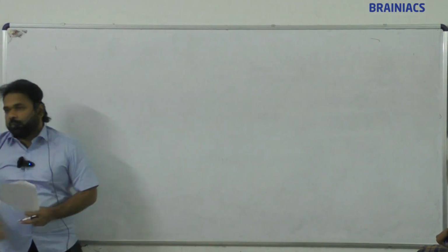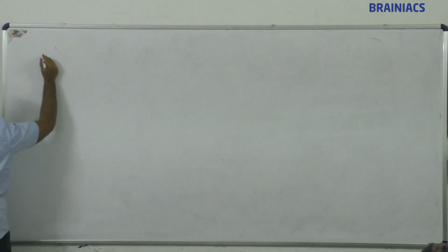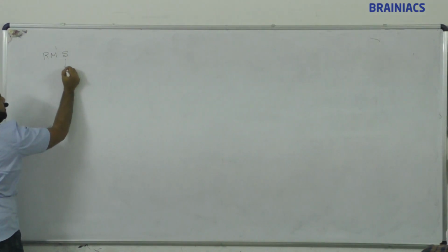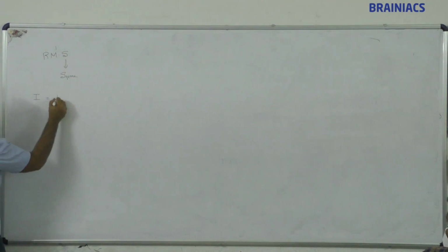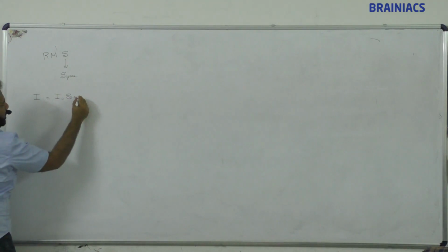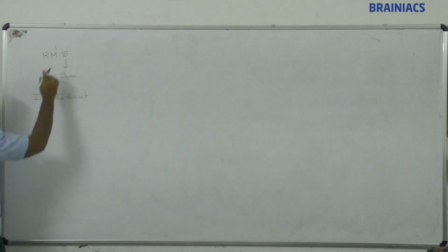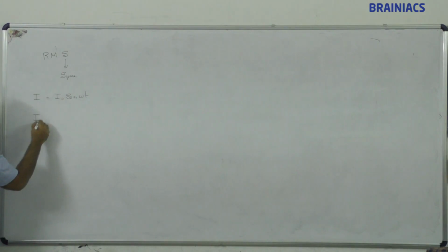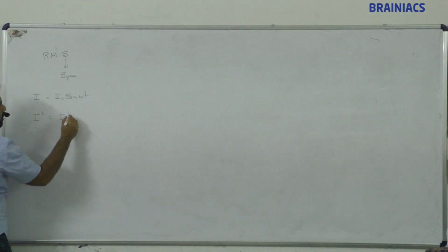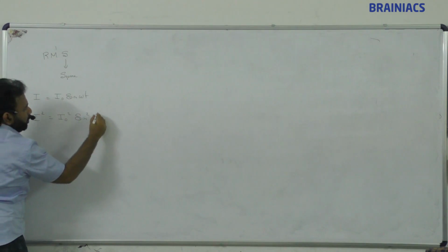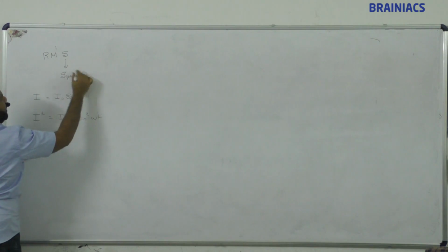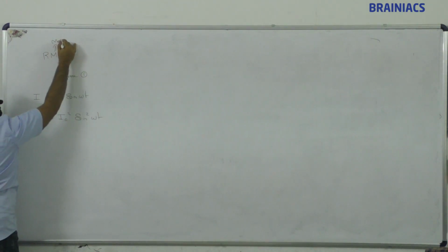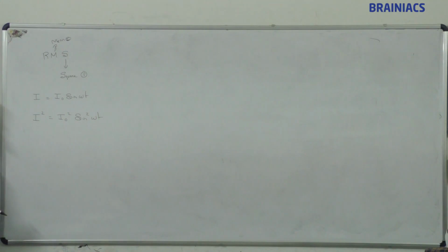So sin omega t squared, sin square omega t. Done. This is the first one. Second means what? Average. So next we need to find this.